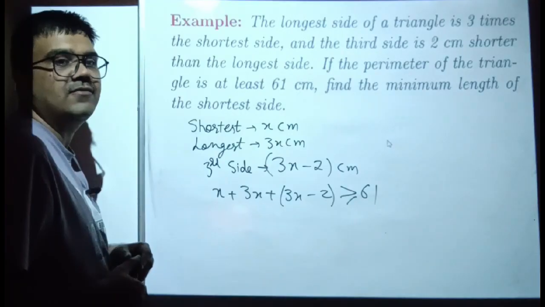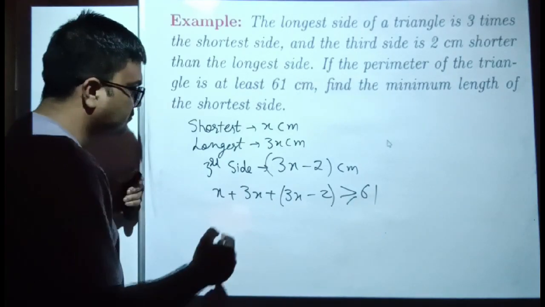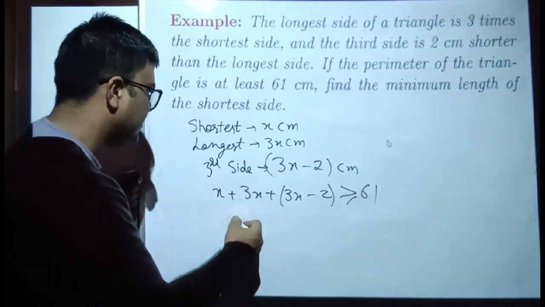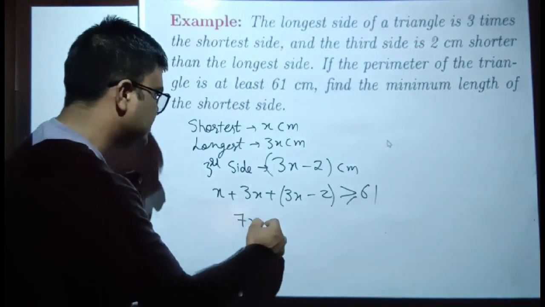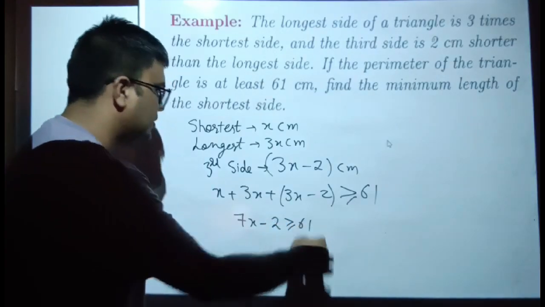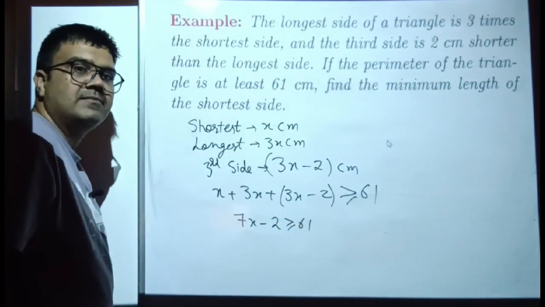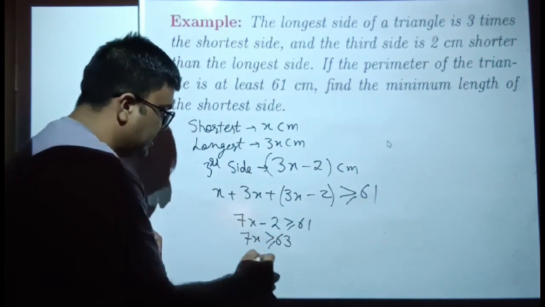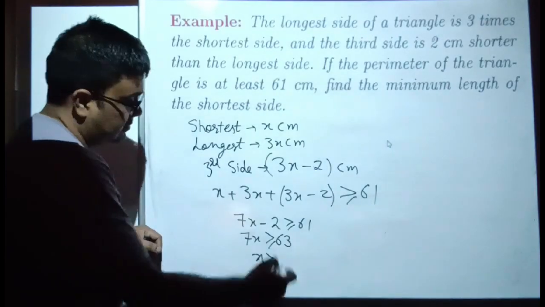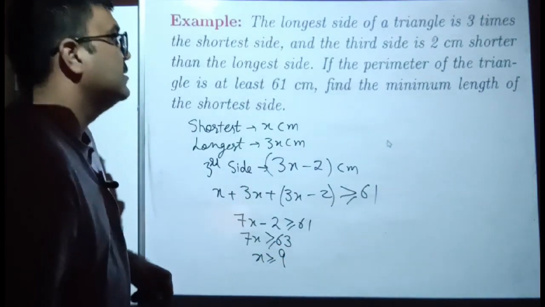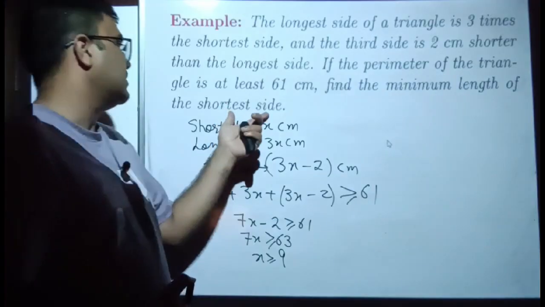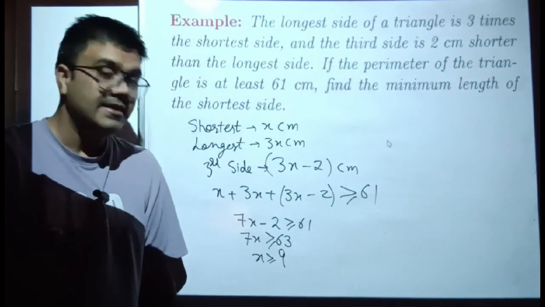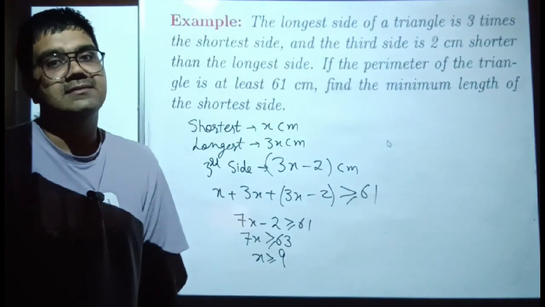When you solve this, you get 7x minus 2 is greater than or equal to 61. So 7x is greater than or equal to 63. So x is greater than or equal to 9. The minimum length of the shortest side can be 9 centimeters.